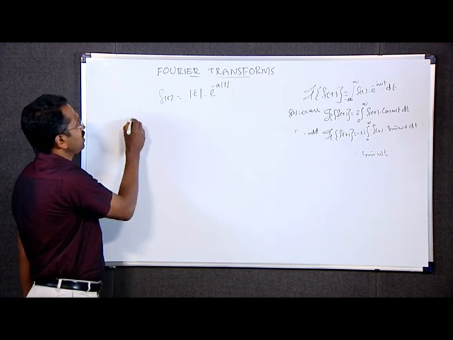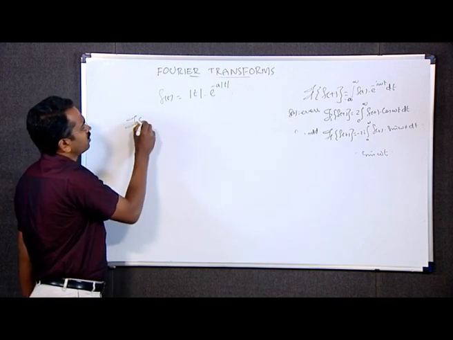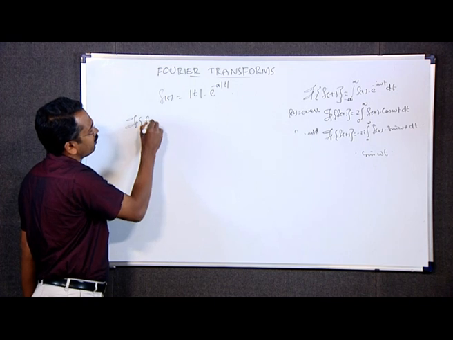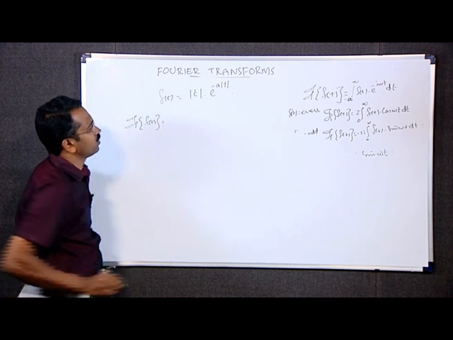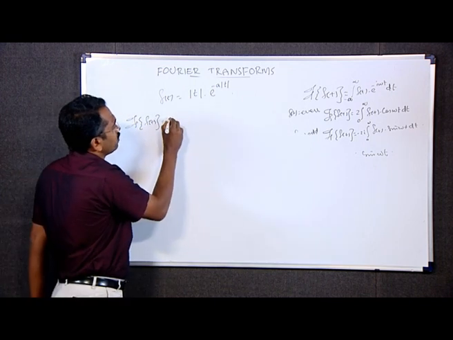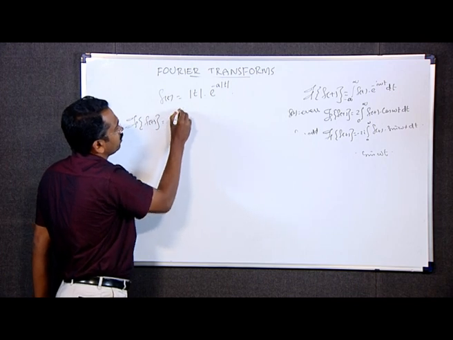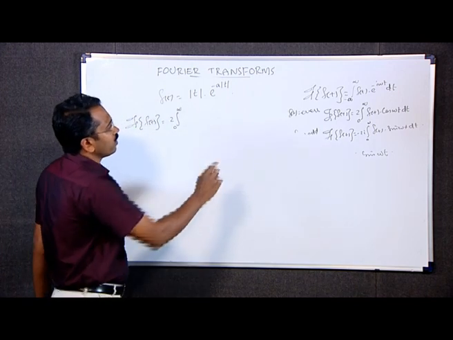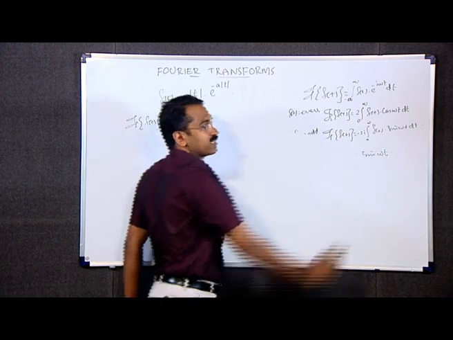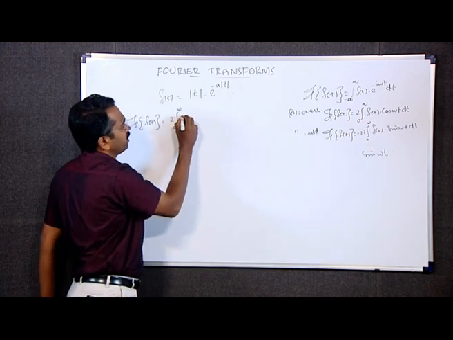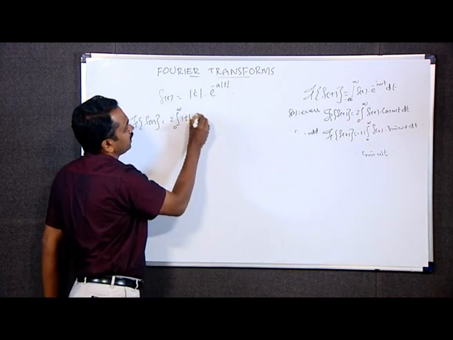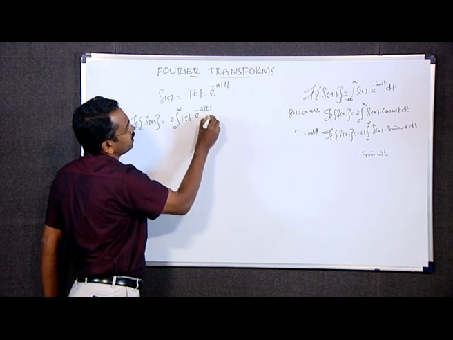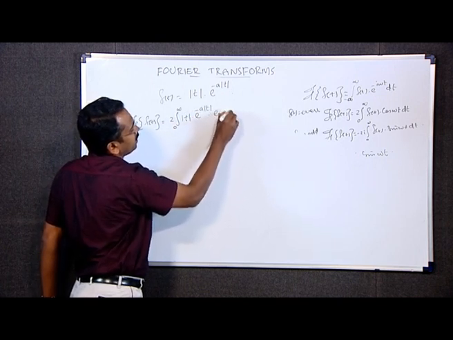Therefore, by the definition, the Fourier transform of f of t is equal to 2 times the integral from 0 to infinity of f of t into cos omega t dt. That is, here f of t is mod t into e raised to minus a into mod t, cos omega t dt.